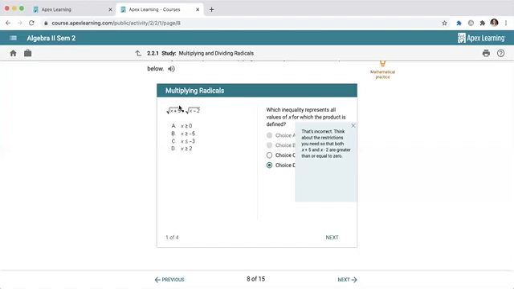So we have to ignore values like -4, -3, -2 that would make this okay, because we have to consider both of those expressions. It's saying think about the restrictions so that both are greater than or equal to 0.